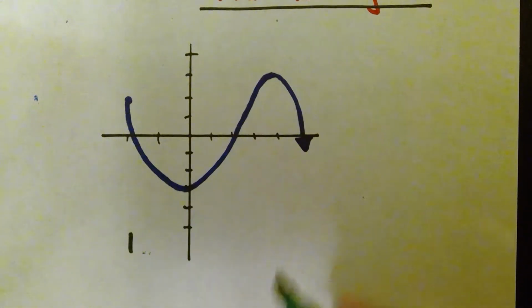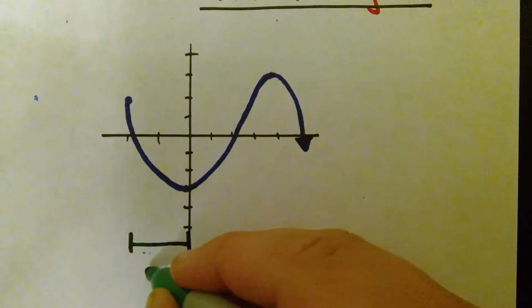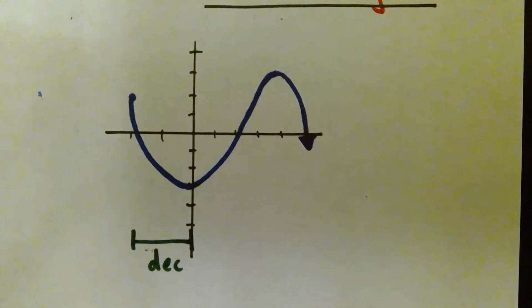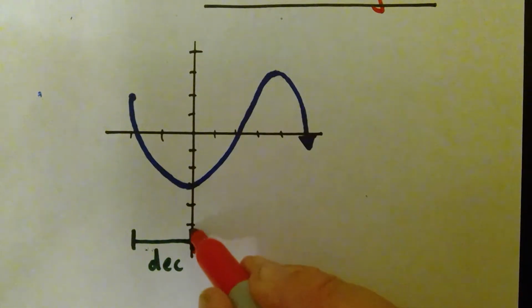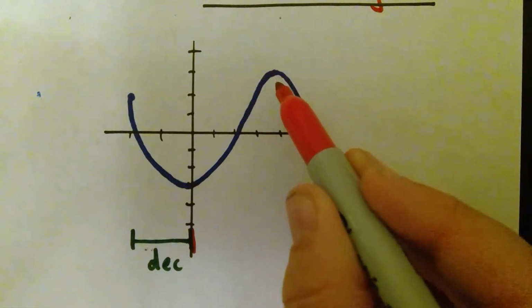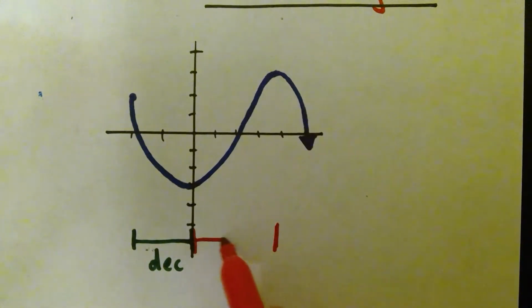It stops decreasing. So right here, over this interval here, my graph is decreasing. Okay, so now we're going to start the graph again from here. As I go to the right, I'm increasing, increasing, increasing, increasing, stop. Okay, so here is my increasing part.